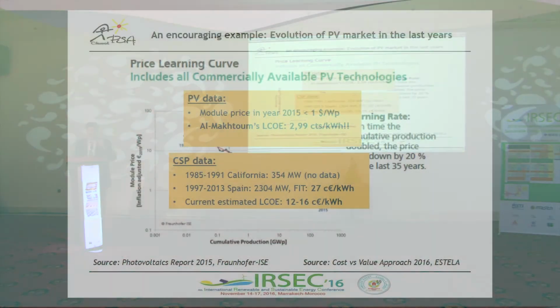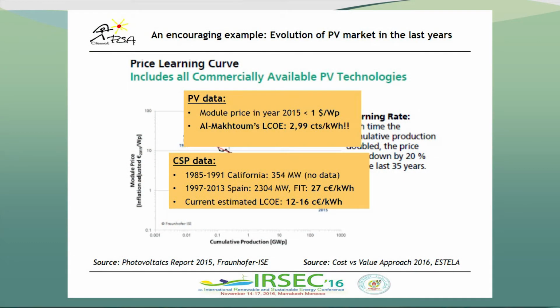The last offer for the Al Maktoum solar park in the Emirates is less than $3 per kilowatt hour to build a PV plant. For CSP, actually, there are almost no values because there is no market. There hasn't been any market. The only reference I could find is this 12 to 16 cents of euro per kilowatt hour in the report of Stella, because there is no market.